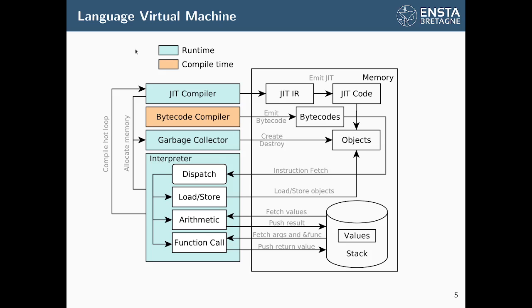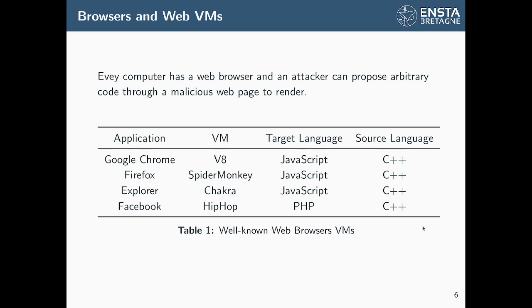I will use this feature more in the rest of the talk, but basically I just wanted to have on the left the different elements, and on the right the thing they will use in memory. I put a stack here, but it can also be a register. For example, the Lua VM uses registers to store their value directly, but the other ideas should be the same somewhere in memory.